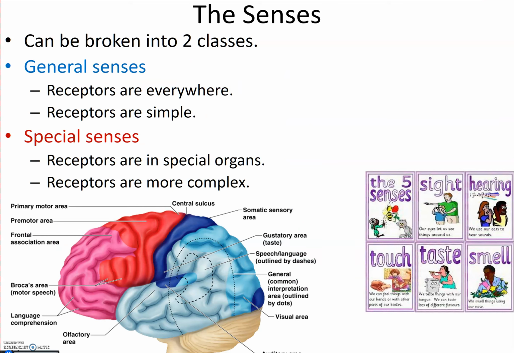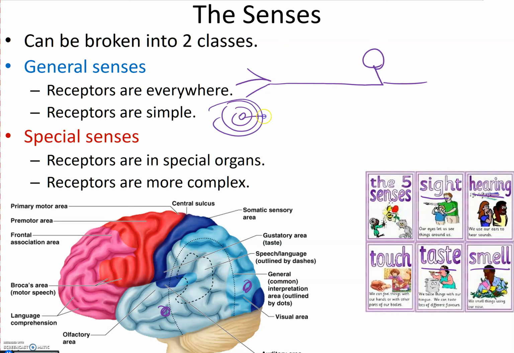Our senses are broken down into two categories. Special senses require special receptors. Those would be sight, hearing, smell, taste, and balance. And they go to different parts of the brain, such as hearing goes to the temporal lobe. We have sight going to the occipital lobe. The general senses are everywhere. The receptors are simple. They could just be a free nerve ending, like in the case of pain, or they could be a lamellated corpuscle, in the case of deep touch.